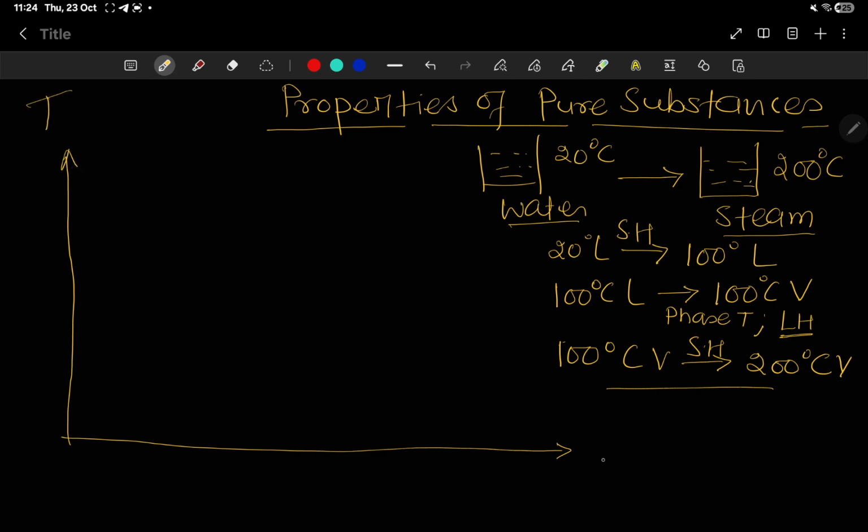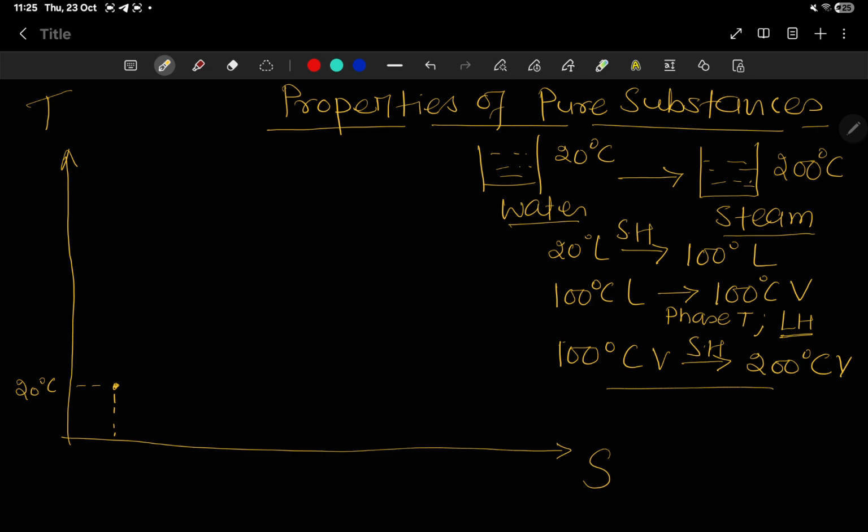On the y-axis we have temperature, on the x-axis we have entropy, right? So you can see at this point we are having water at 20 degrees Celsius.